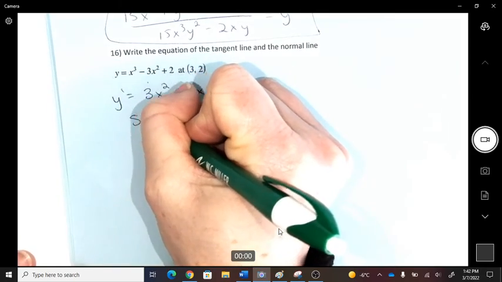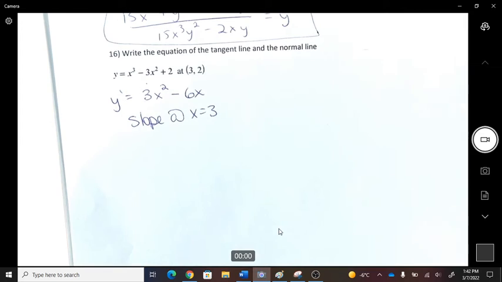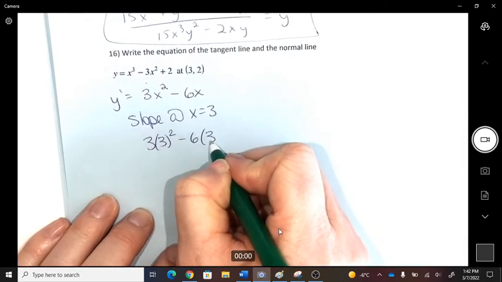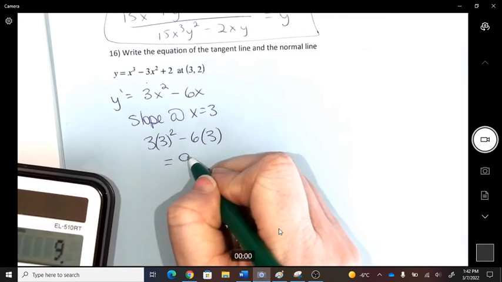So now I'm going to go, what is the slope at the x value 3? That's what I'm kind of trying to figure out, right? So 3 times 3 squared minus 6 times 3. So I'm going to get the slope. So that was 9.